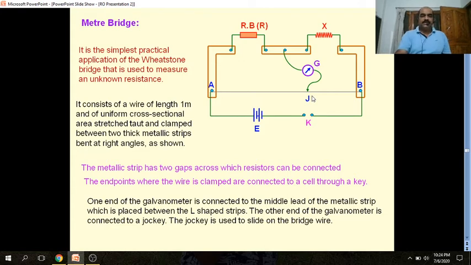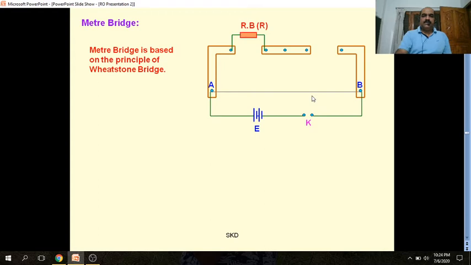Let's see its working now. The working of the meter bridge is based on the principle of the Wheatstone bridge. The principle of the Wheatstone bridge means achieving the balanced condition, which means the galvanometer shows null deflection.